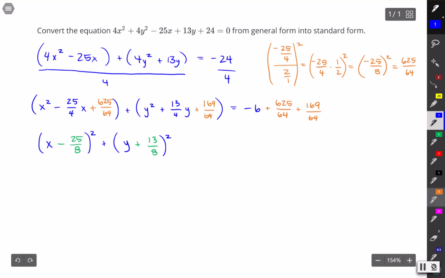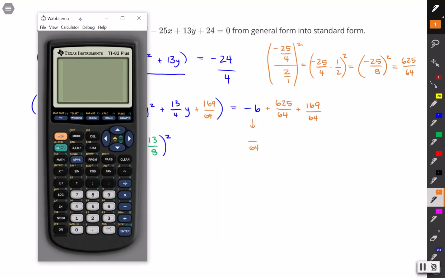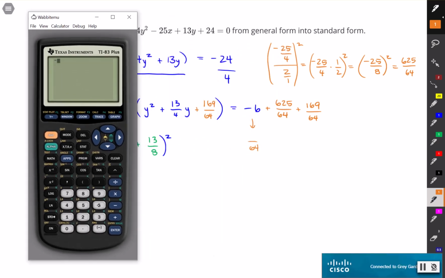And to handle the fraction, the first thing I'm going to need to do is get common denominators among each of these fractions. So negative 6 needs to be rewritten as a fraction with a denominator of 64. Bring up my calculator. And let's see, so negative 6 times 64, that is negative 384.